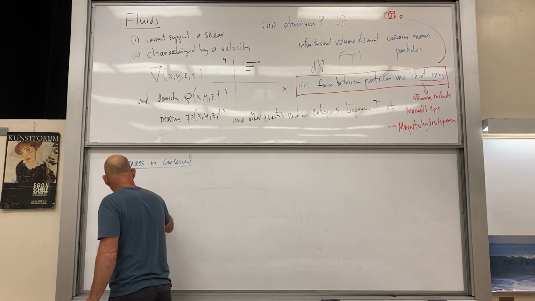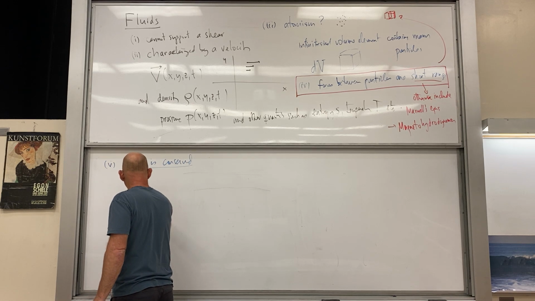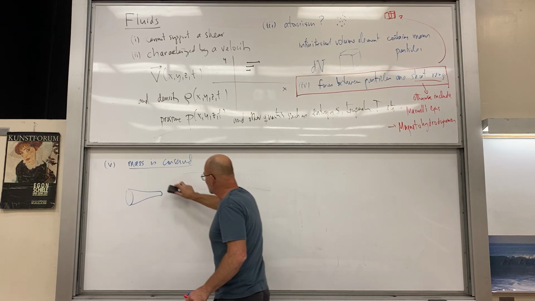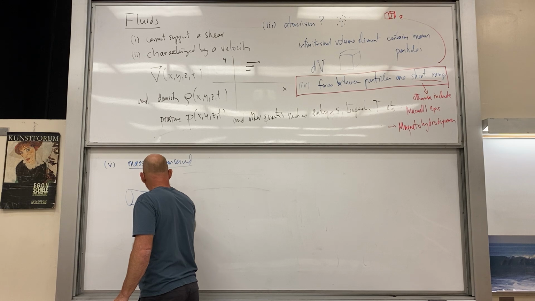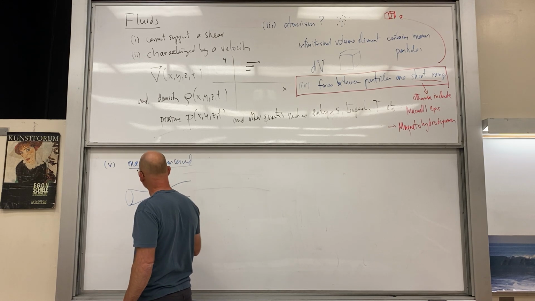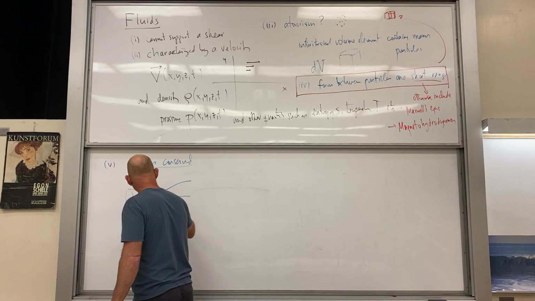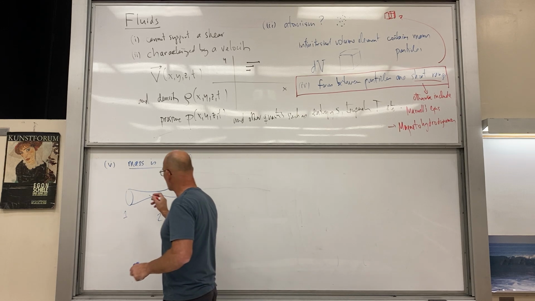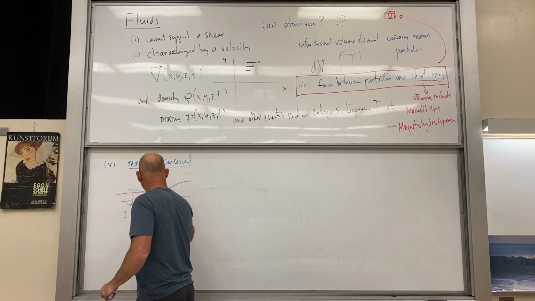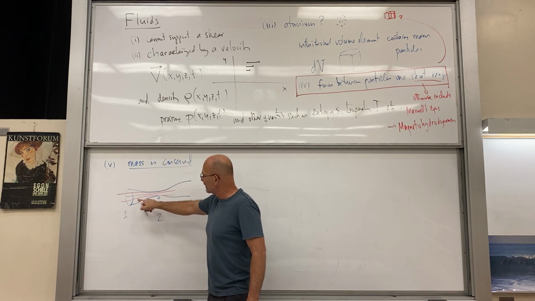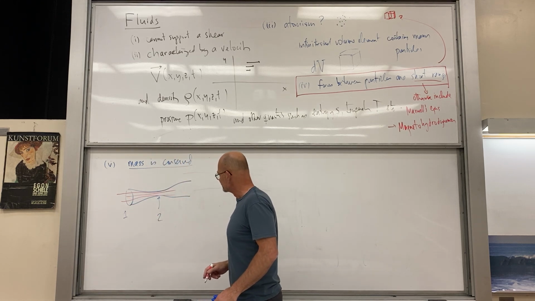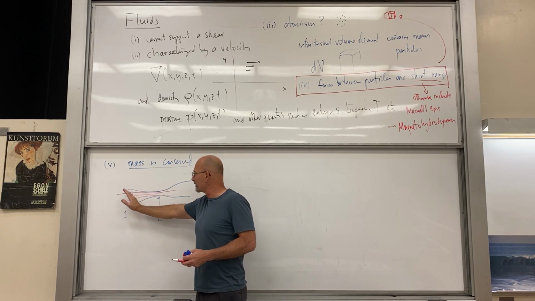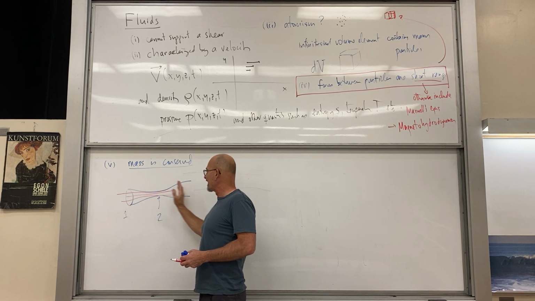And you can imagine a tube that tapers and opens up again. So you've got point 1 here, you've got point 2 here, and if you have a fluid flowing through it, you've of course seen this before, it's going to speed up where the area is smaller and be slower where it is larger. But the idea is the same amount of mass leaves as comes in. The same amount of mass enters the thing as leaves it.